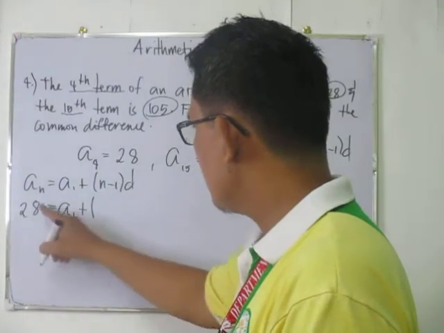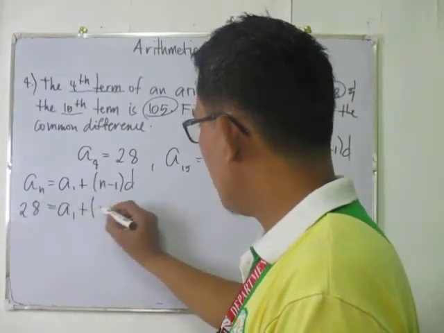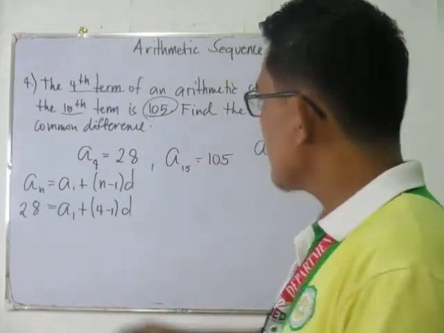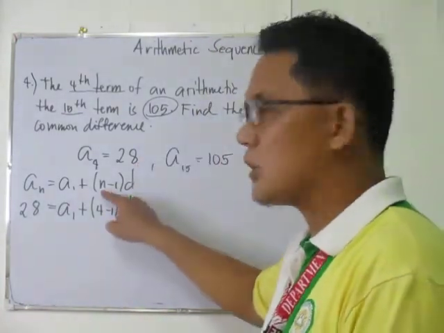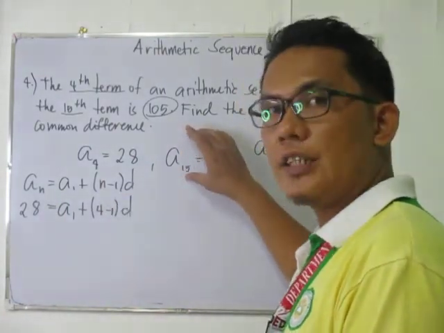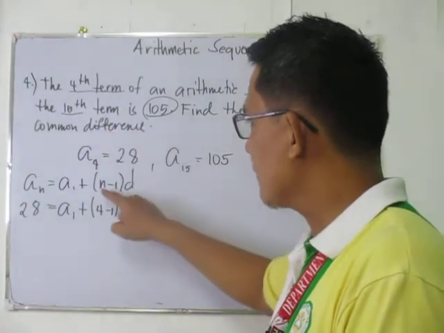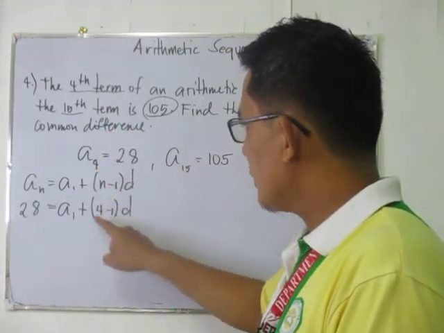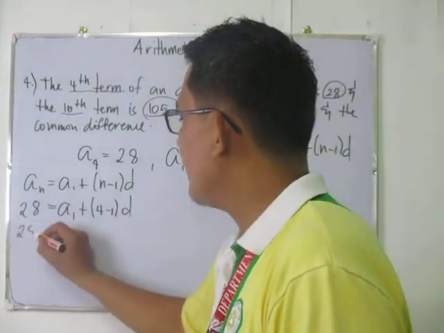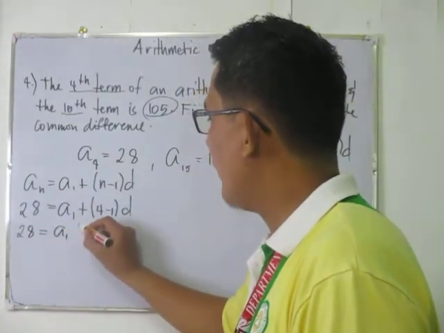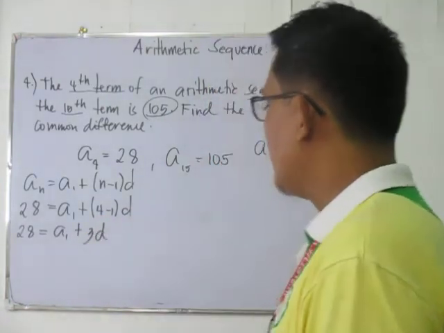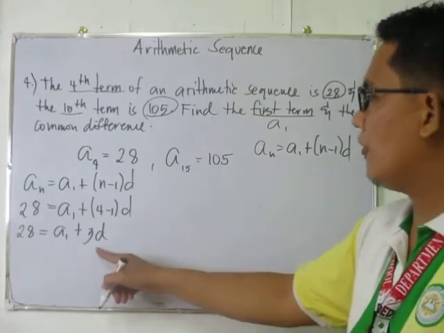So this becomes, di ba, our fourth term is 4 minus 1 times the common difference. Since 28 is the fourth term, we have 4 terms in that sequence alone. So our n is 4, therefore 4 minus 1 times d. Simplify. 28 is equal to a sub 1 plus 3 times d, which is 3d. Okay? So this is now our first equation.